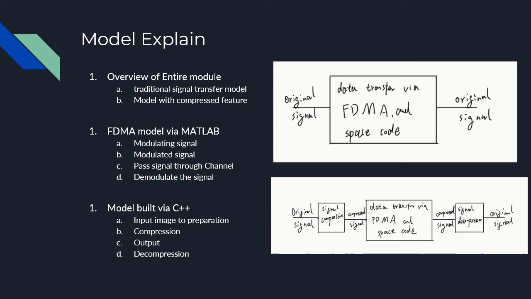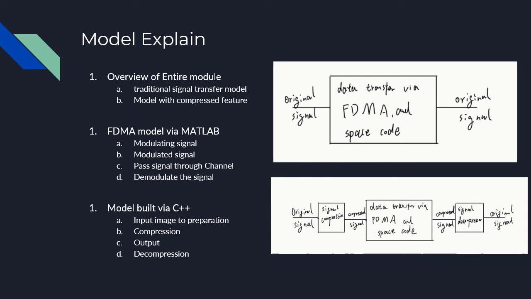My idea is to have the signal compressed before it goes to FDMA, and then we'll have a decompressor after we receive the signal. Therefore, we can optimize the transfer time, which means we can use less time to send more data.